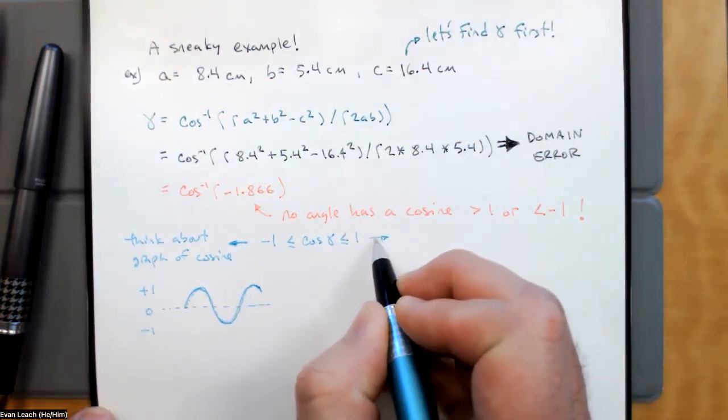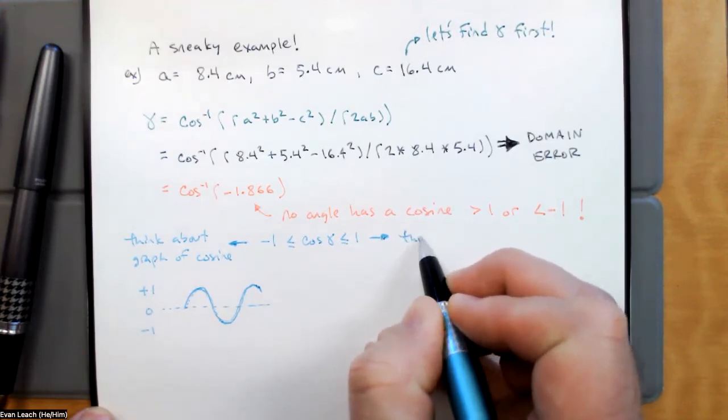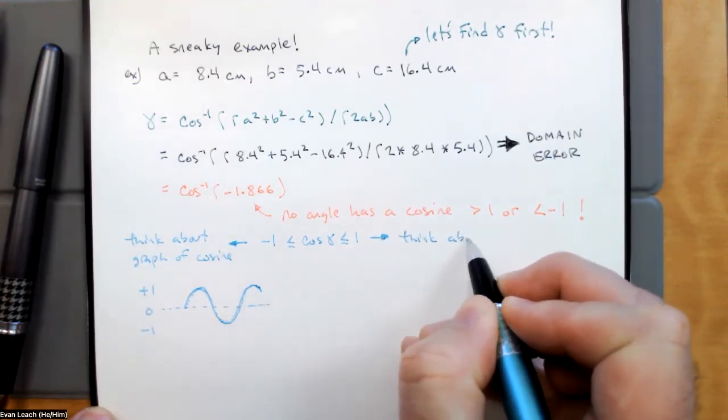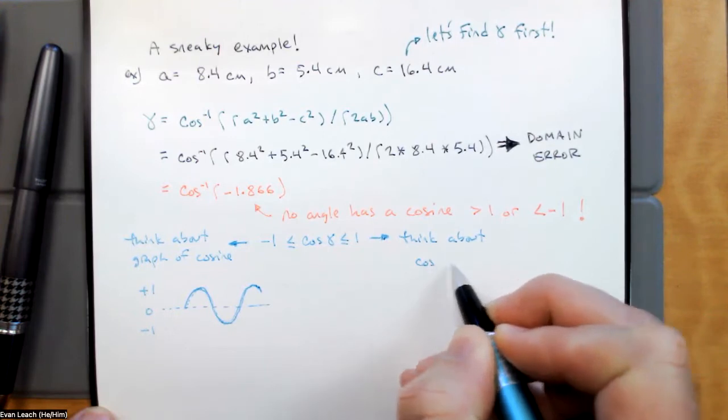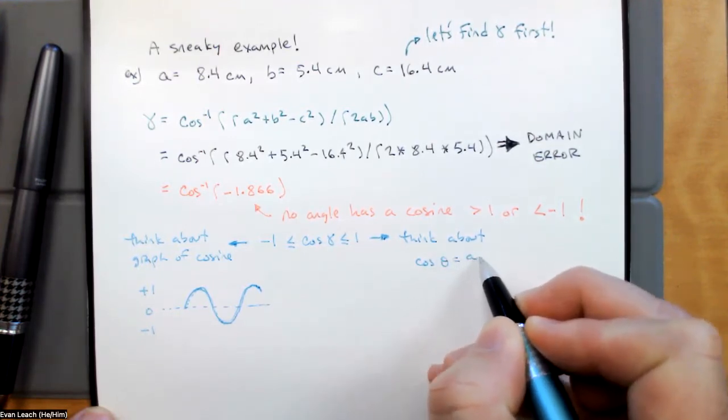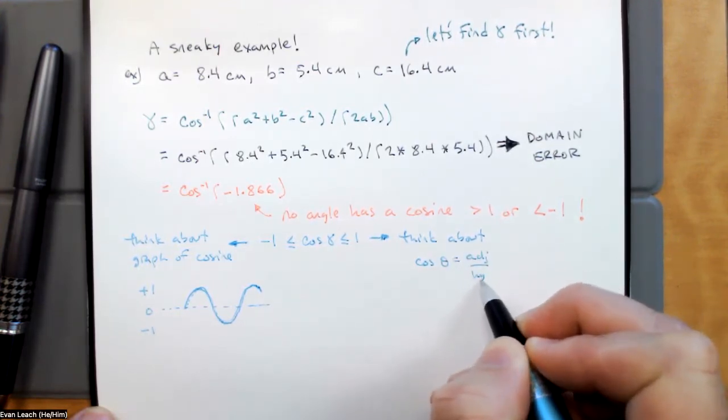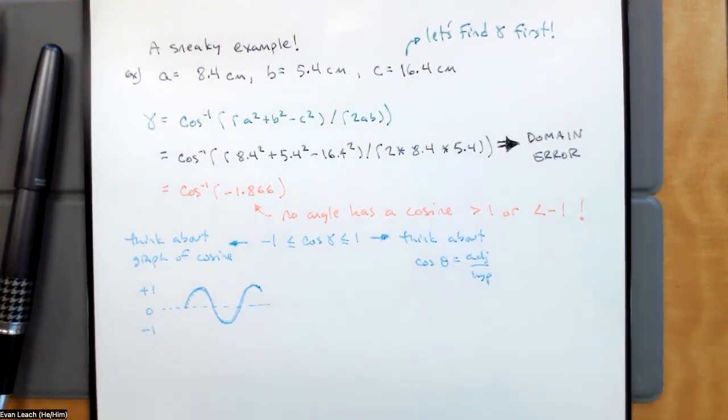Or if we just think about our original definition of cosine, cosine of theta is adjacent over hypotenuse. Hypotenuse has to be biggest.